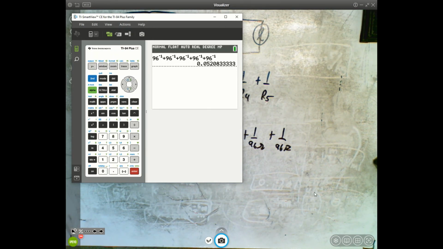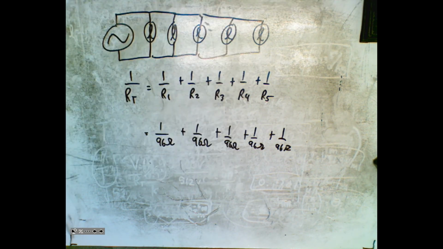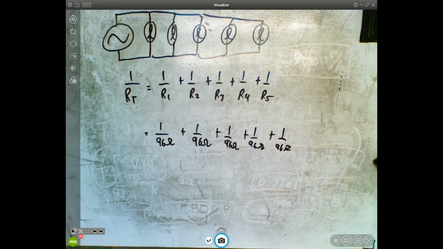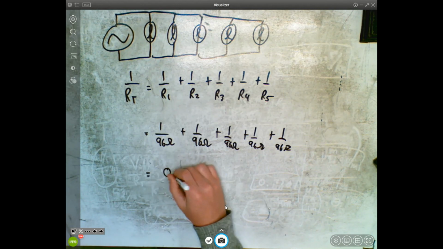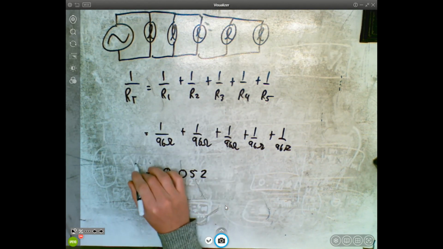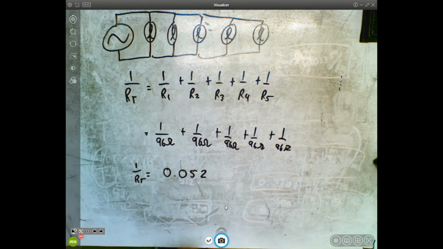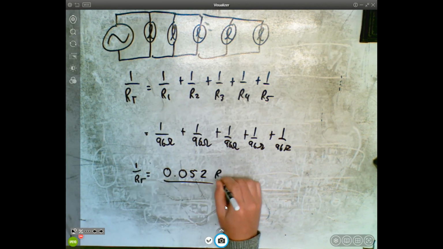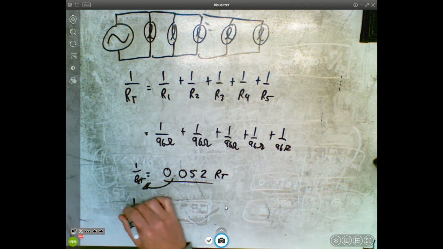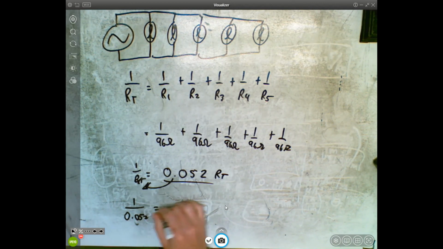But if we go back to our screen here, what was that answer? 0.052. But that's not resistance total. That is 1 over resistance total. So we can move resistance total diagonally up here and move this down here, so we get 1 over 0.052 equals our resistance total.